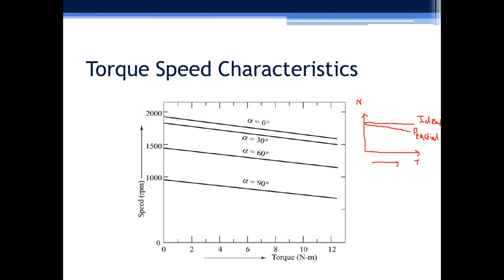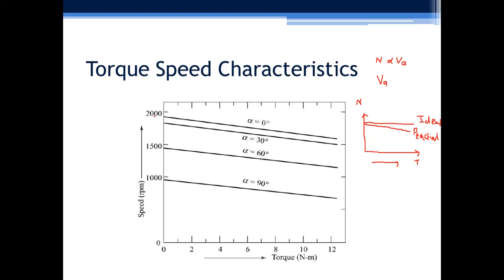Now second parameter: if we have to increase the speed, we should keep the firing angle minimum. When firing angle is minimum, the average output voltage on the armature side is maximum, and as we know, speed is a function of armature voltage, and armature voltage is a function of firing angle alpha.